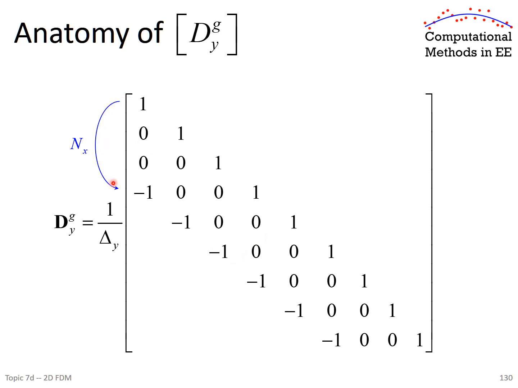And it turns out this distance is big NX. And of course, don't forget to divide everything by delta y. So this is our hint for building our left-handed derivative matrix in the y direction. We simply just insert 2 diagonals. There's no need to go back and correct for any kind of boundary condition problems.